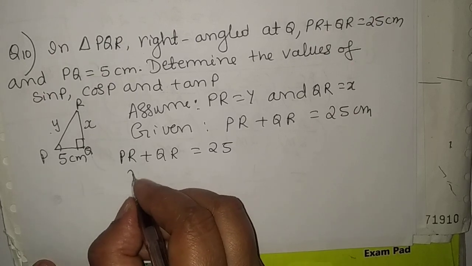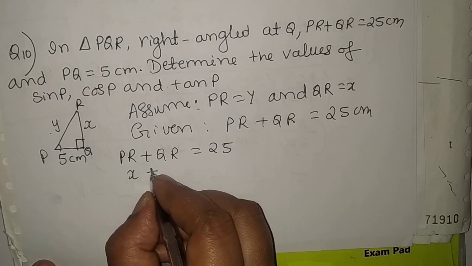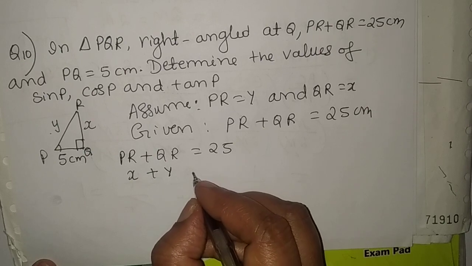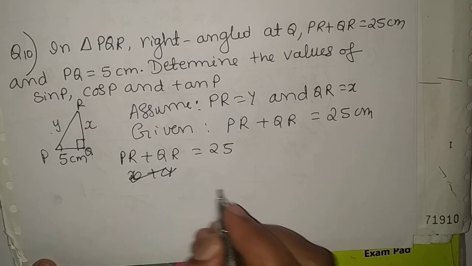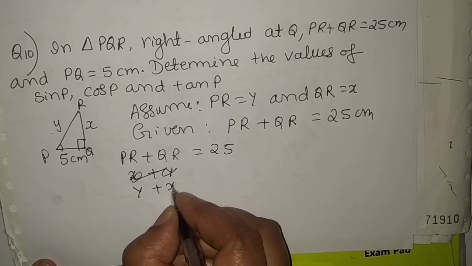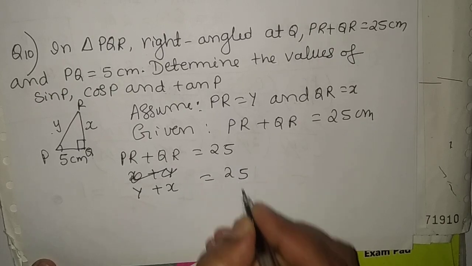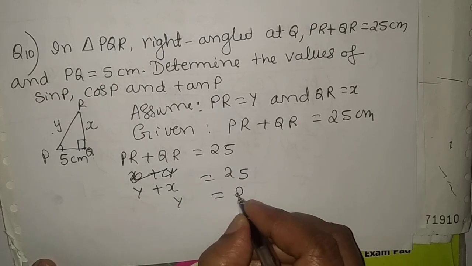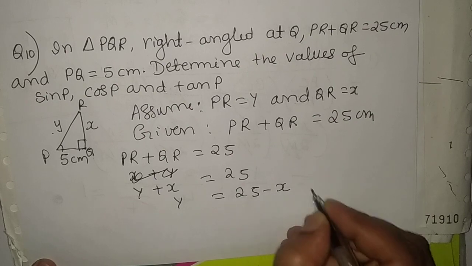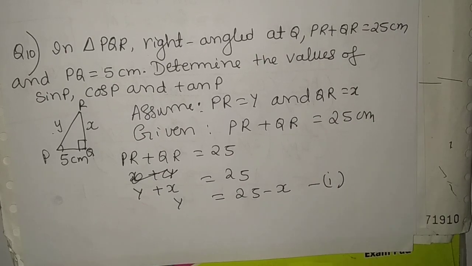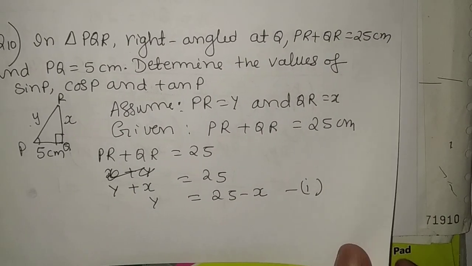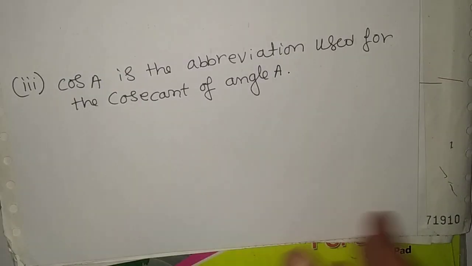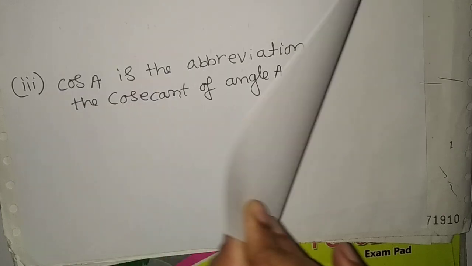Then substitute here X plus Y. PR is Y and QR is X, equal to 25. Then Y, we calculate, is 25 minus X. This is equation 1. So this is the first step. So we'll move on to the next step.